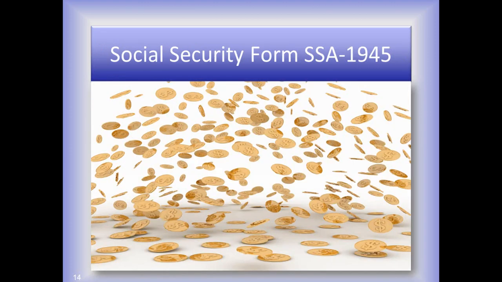SSA 1945 form, or the statement concerning your employment in a job not covered by Social Security. Federal legislation, the Social Security Protection Act, requires state and local government employers to provide a statement to employees hired January 1st, 2005 or later in a job not covered under Social Security.